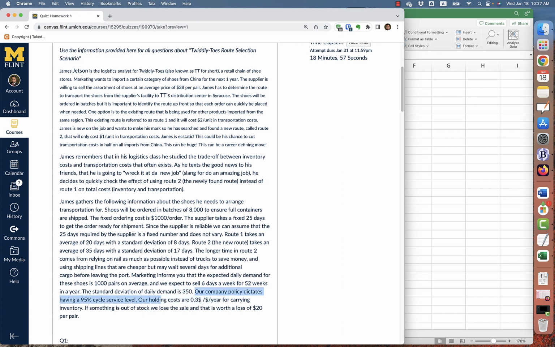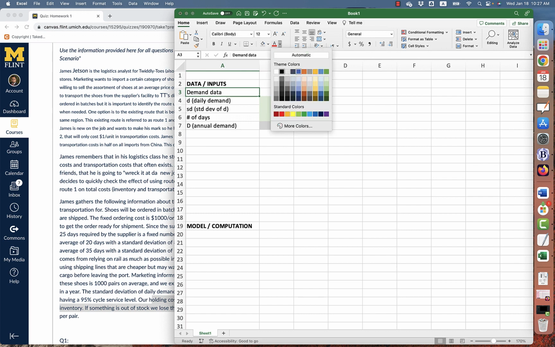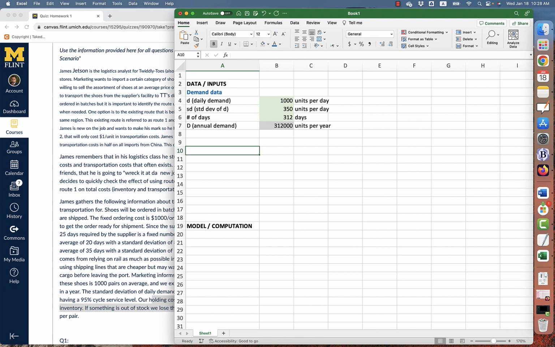Then we have a cycle service level of 95% and holding cost. This is all inventory data. So after demand data, let's make it a nice color, make it bold. Now we're going to have inventory data, okay?